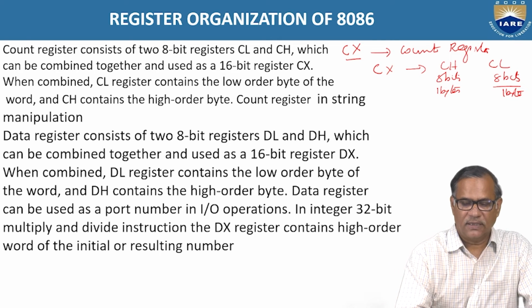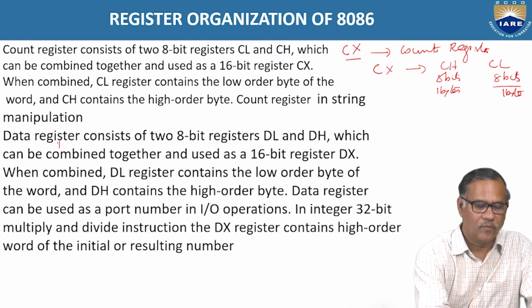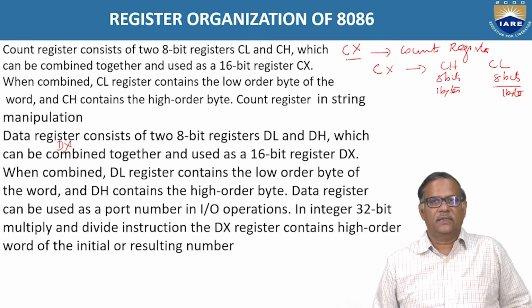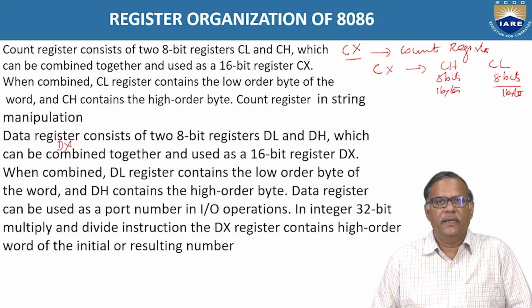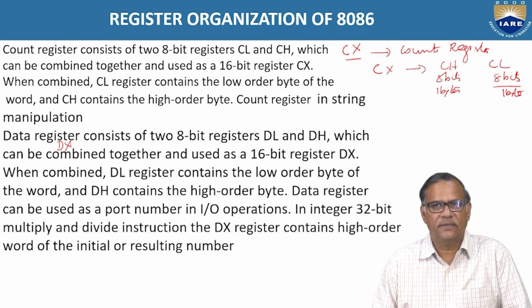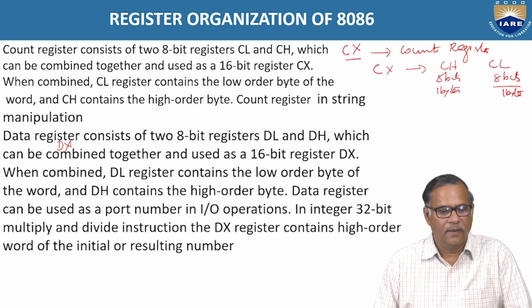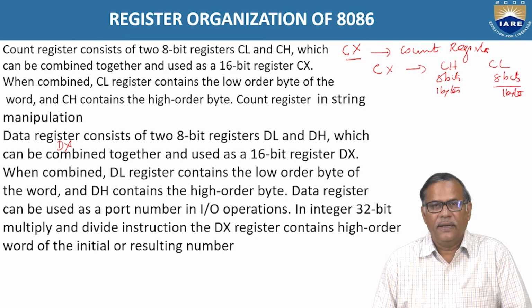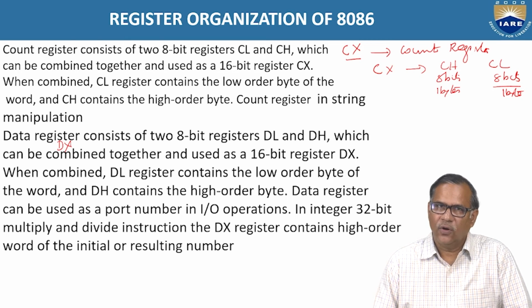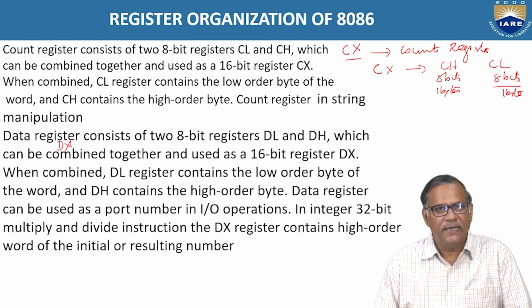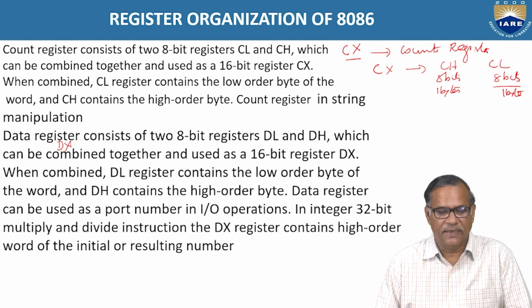Data register is nothing but the DX register. And this contains DL and DH, and they can be combined together and used as a 16-bit register DX. Okay, so when combined, the DL register contains the low order byte and DH contains the high byte data.